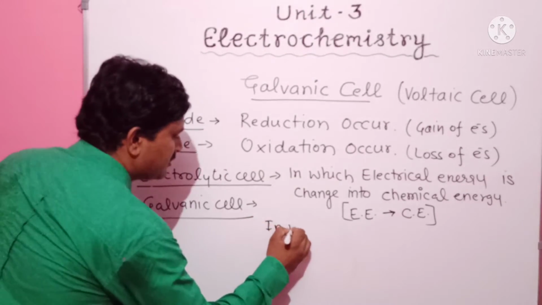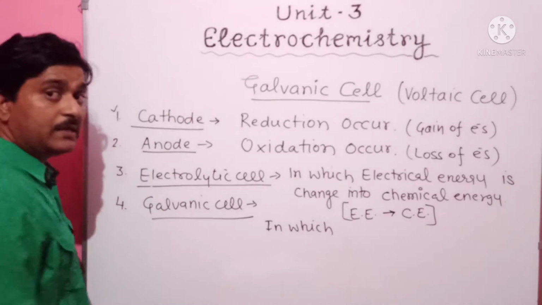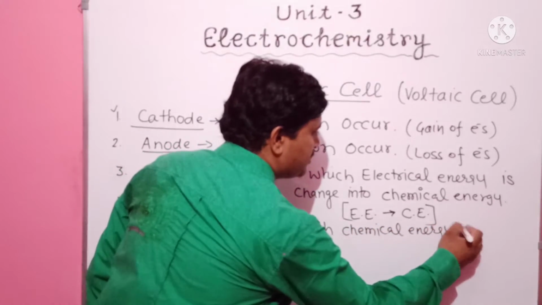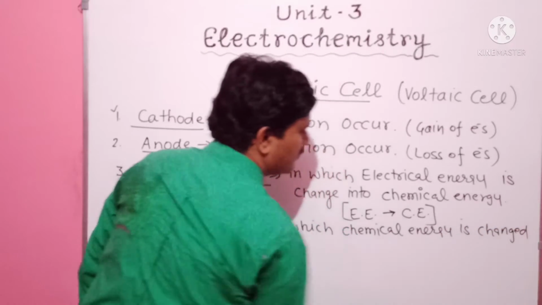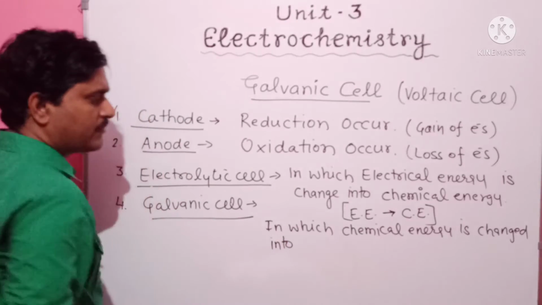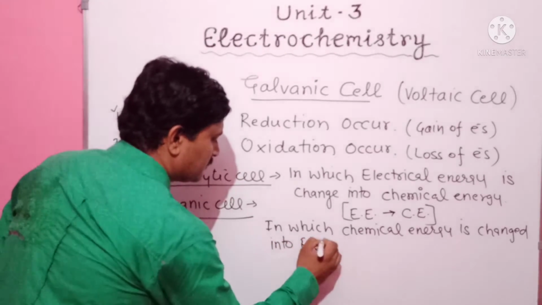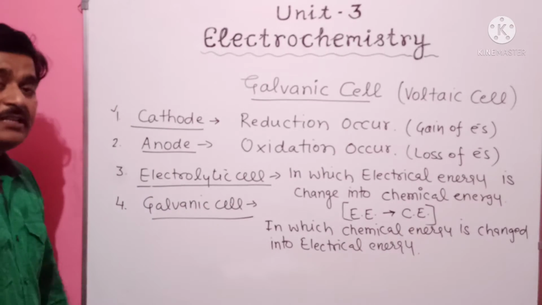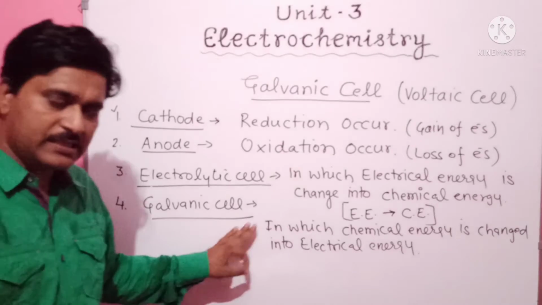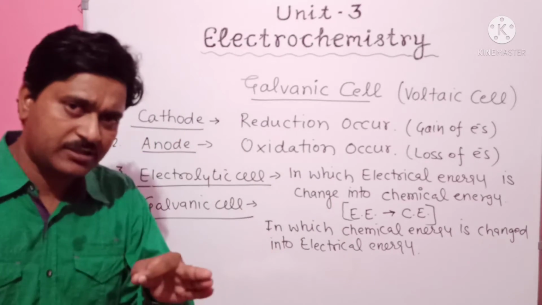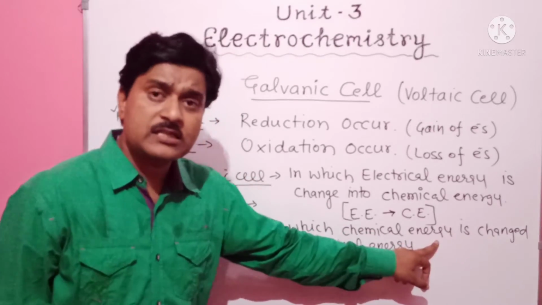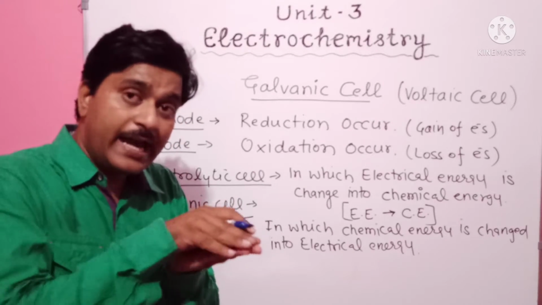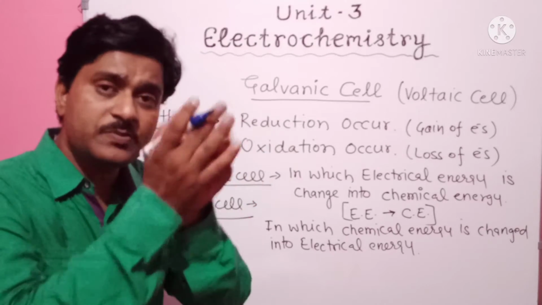A very simple definition: in the device, a chemical reaction occurs first, and as a result of the chemical reaction, electricity is produced.